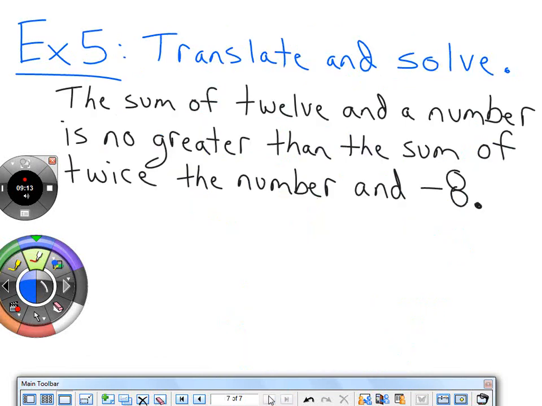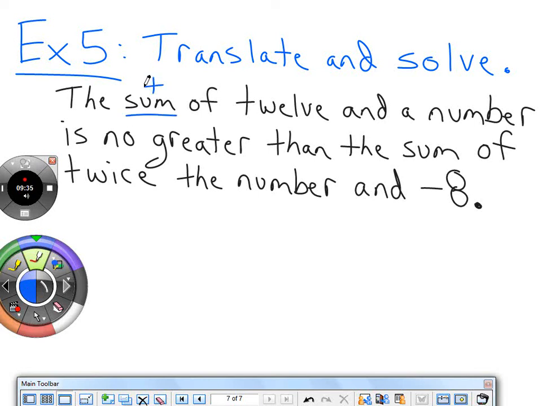Last one. We need to translate and solve. So the directions will say something like write or define a variable, write an inequality, and then solve it. I'm just saying translate and solve for quickness. So the sum of 12 and a number. So we see that word there, sum.